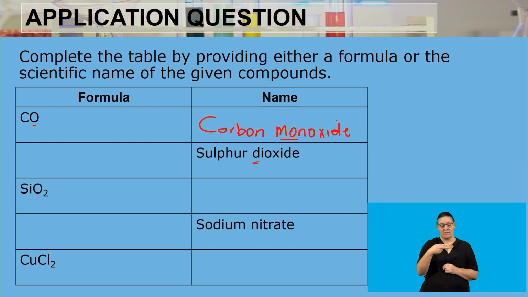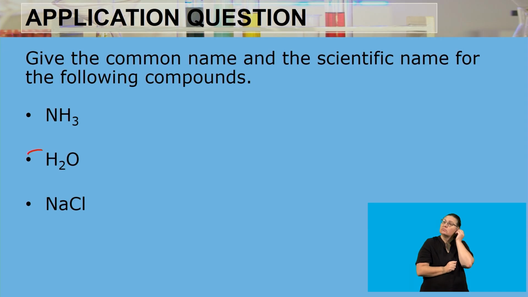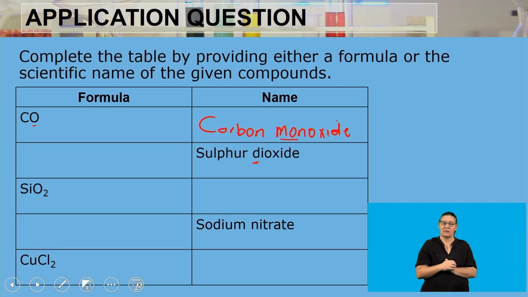Remember, di means 2, so we have 2 oxygen atoms in this compound. The first one is written in full. Both of these are non-metals. So it's sulfur, capital letter S, and then O2 for dioxide.